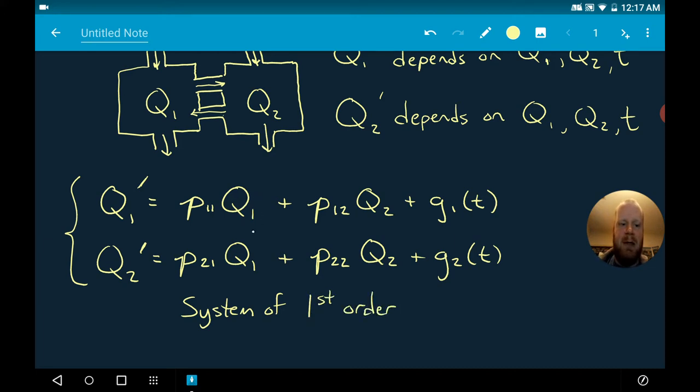In this case, I'm also assuming that it's linear, that I don't have any squared or sine of Q2 terms in here. So this is also going to be linear. So I have this form. It's a system of first order linear differential equations.